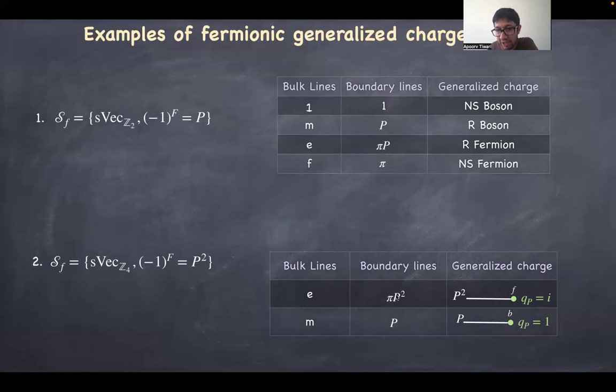So we can think of it as a p squared twisted fermion because it's attached to this pi line. And in particular, this local end has a charge of i under the P symmetry. And this is just a consequence of the fact that the braiding between E and M is i. So these charges are induced by the bulk braidings of the different bulk lines with the M line, which generates the P symmetry on the boundary.